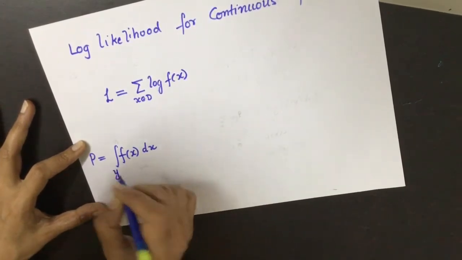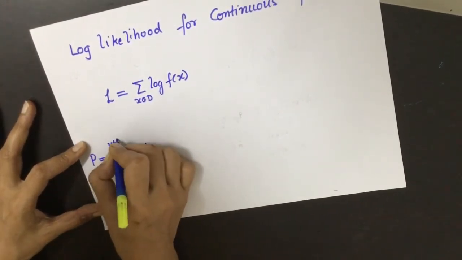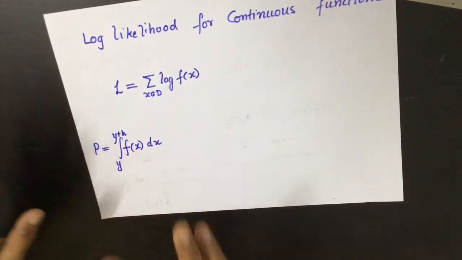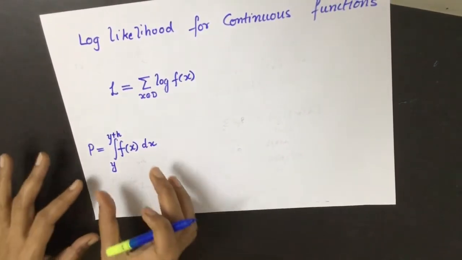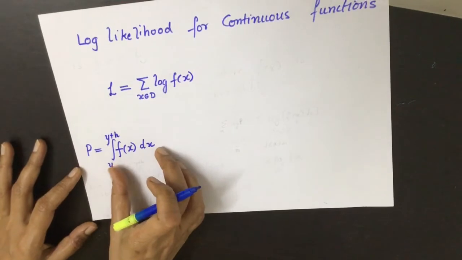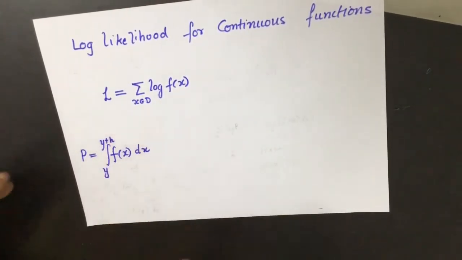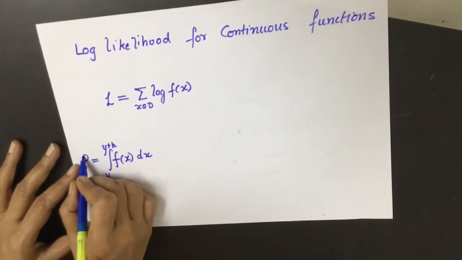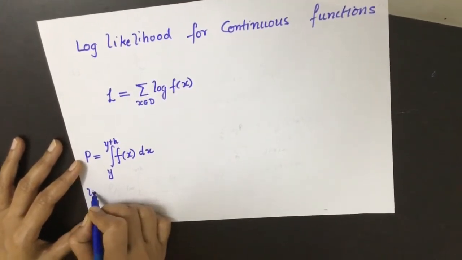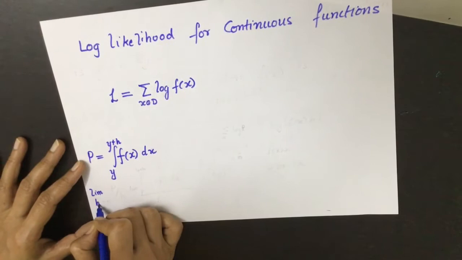Let the region be y. We have an interval of size h, and we want the probability of a point lying in this interval, so we integrate from y to y plus h. This is our probability.